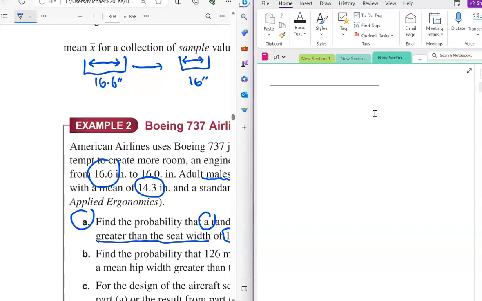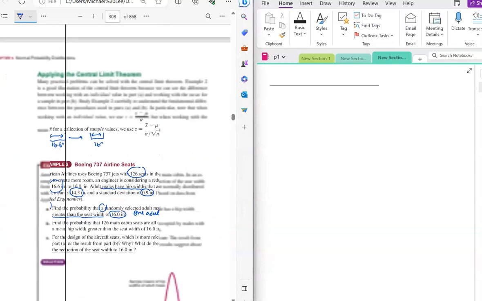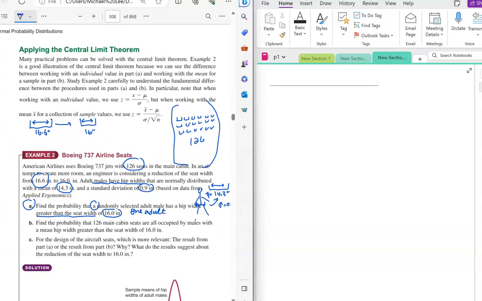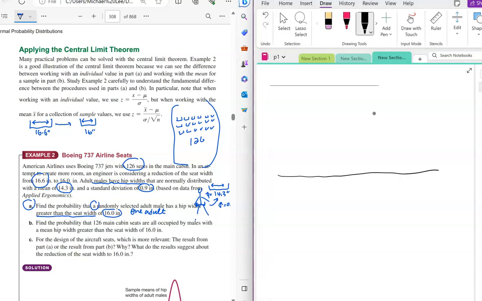Now, when we have a normal distribution, mu is 14.3 in the middle, and sigma is 0.9.